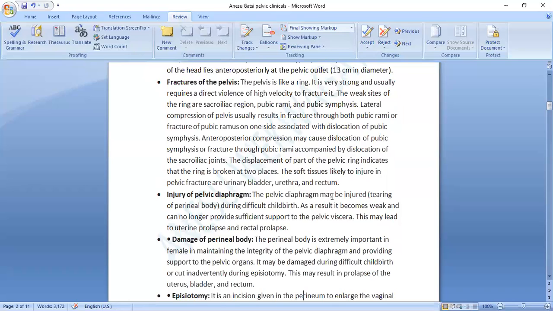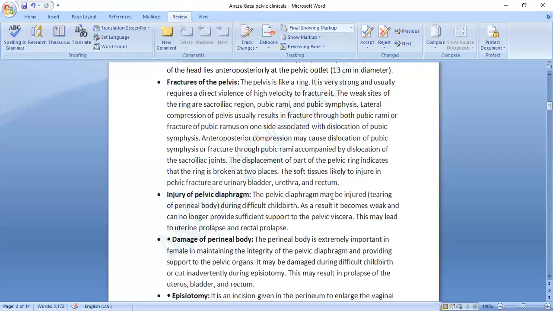Then the levator ani has a linear origin from the back of the symphysis pubis, then a tendinous arc from the obturator fascia. That tendinous arc may leave a gap that we'll talk about soon. That is the hiatus of Schwab, whereby you may have herniation of pelvic viscera into what you call an ischial fossa that is bounded by the levator ani medially, and then the obturator internus muscle laterally.